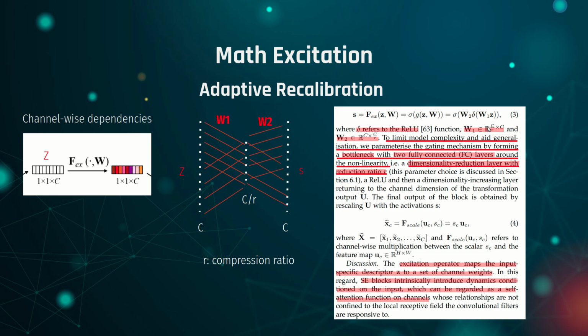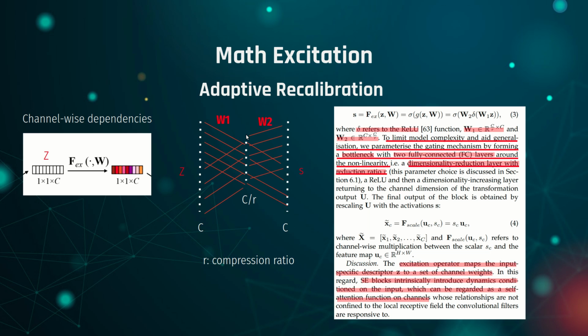What it actually does, I try to sketch here: the original Z is here, and I make it vertical, like this, right? Its dimension is C, a length of C. Then you pass it through W1, which is exactly here, the weight.